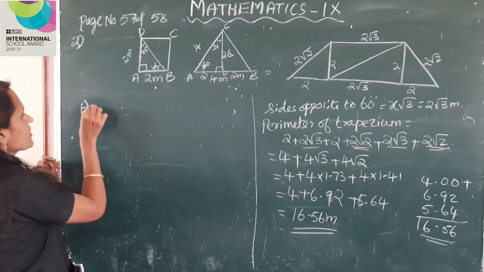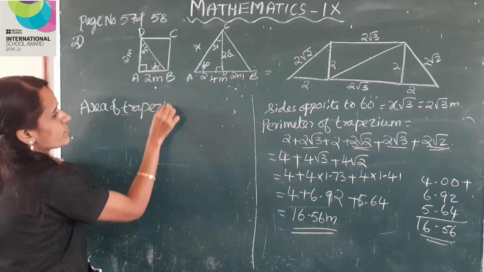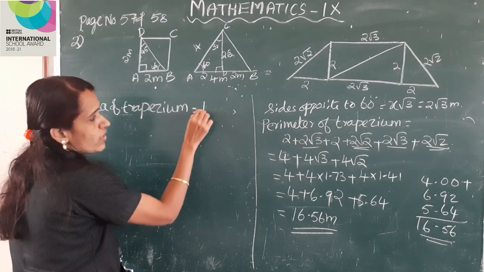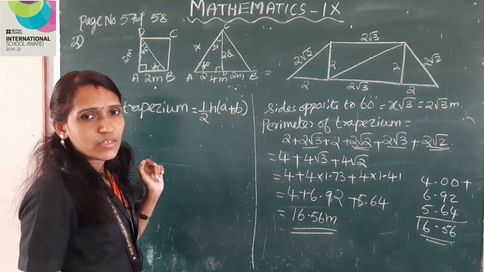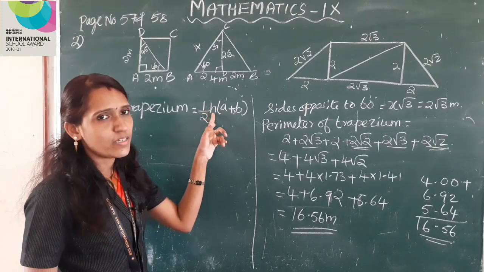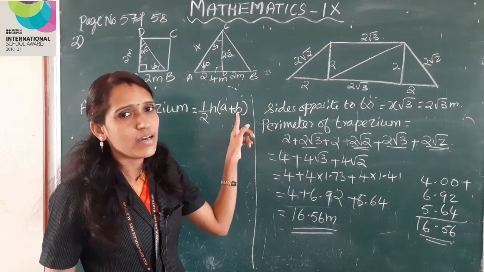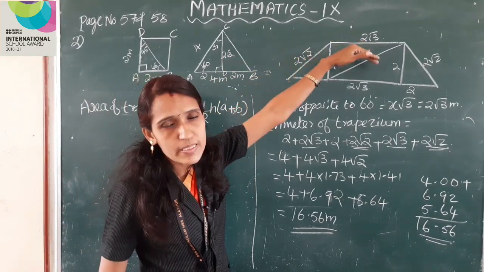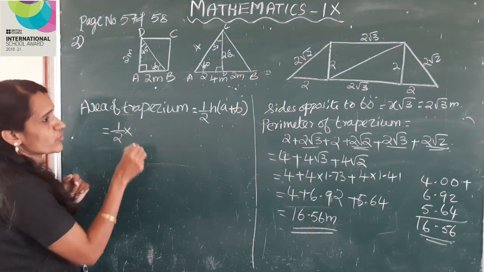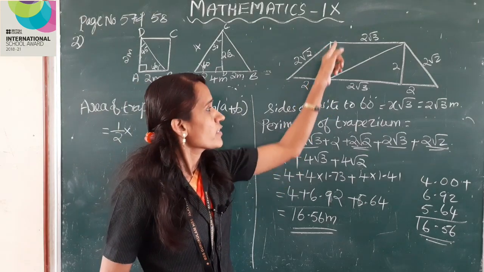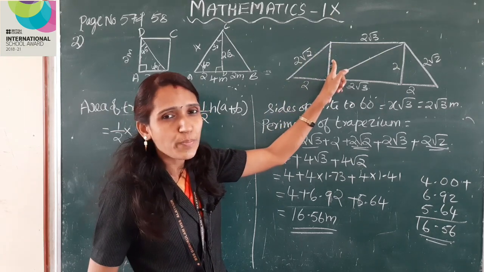So area of the trapezium is equal to half into h into a plus b. Here h is the height of this trapezium. A and B are parallel sides of this trapezium. So substitute here 1/2 into, height, the distance between these two parallel sides, is 2 meter.